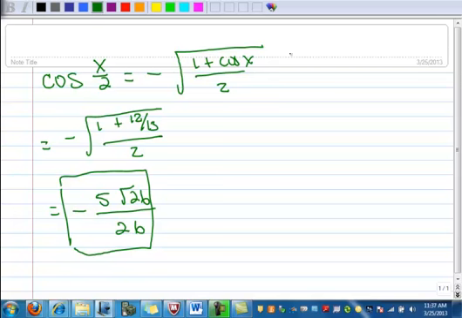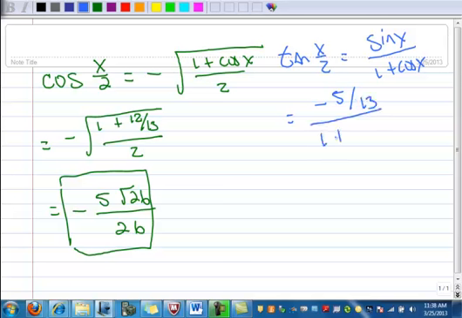And working over here, let's just squeeze in the tangent. The tangent of the half angle is going to be the sine of x all over 1 plus the cosine of x. So this is going to be negative 5 over 13 all over 1 plus 12 over 13.